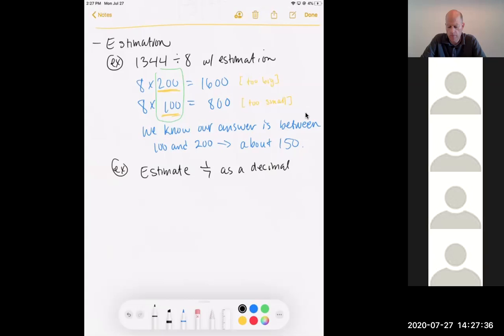You can use some nice benchmark fractions around 1/7 to help you. 1/6 is 0.1 repeated. Excellent. Isn't 1/8 0.125?